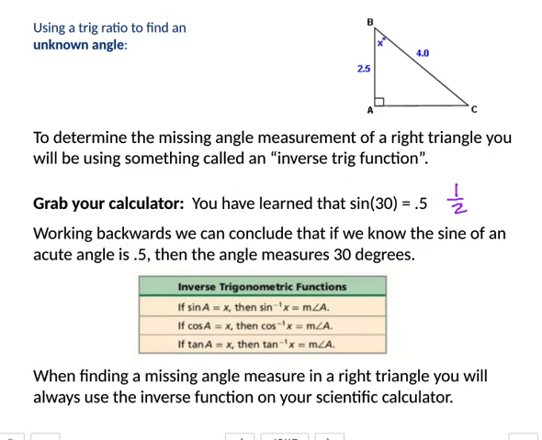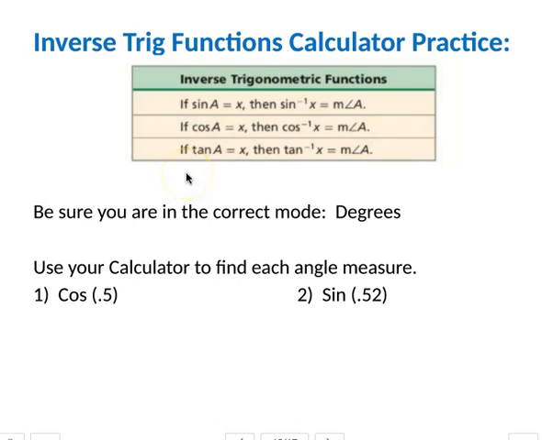Let's use our calculator to find angle measurements using our inverse functions. To find the inverse cosine of 0.5, you hit the second key to access cosine to the -1, and then plug in 0.5.